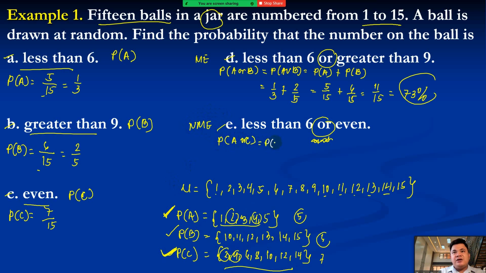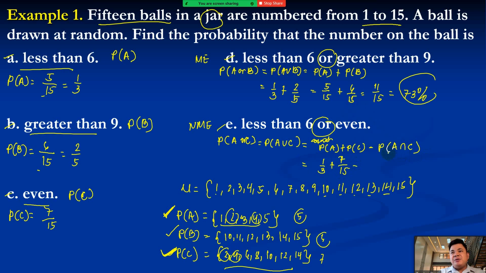The probability of A union C is equal to the probability of event A plus the probability of event C minus the probability of A intersection C. We already have the probability of event A, which is 1/3, and the probability of event C, which is 7/15.